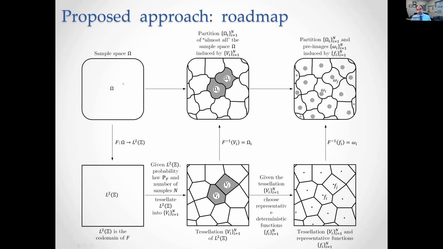So the basic idea is to map this space to another space, that is the space of square integrable functions, that is basically the space of intensity measure maps, and do all the operations down here. Do the partitioning here, do the selection of the functions here, do the calculations of the weights down here, always remembering that the random function allows us to go back and forth from one space to the other.